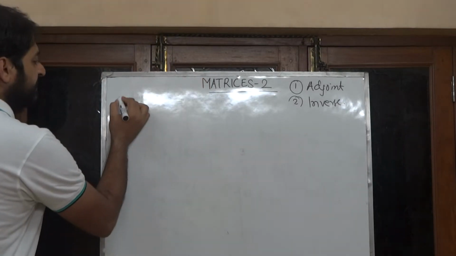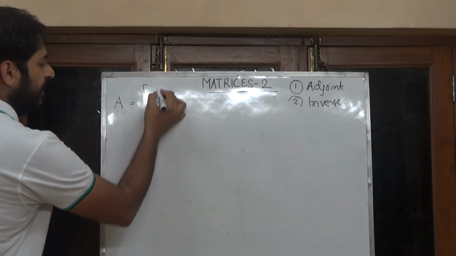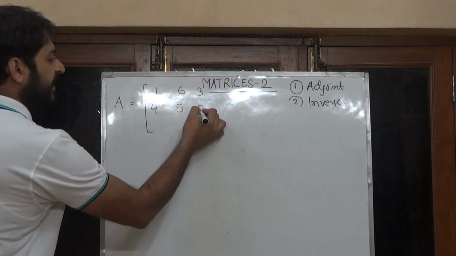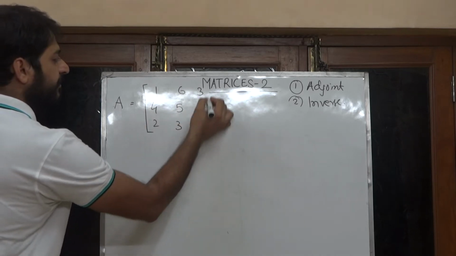Suppose there is a matrix A. Elements are 1, 6, 3, 4, 5, 8, 2, 3, 9.